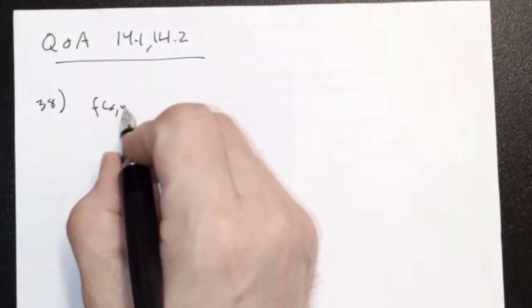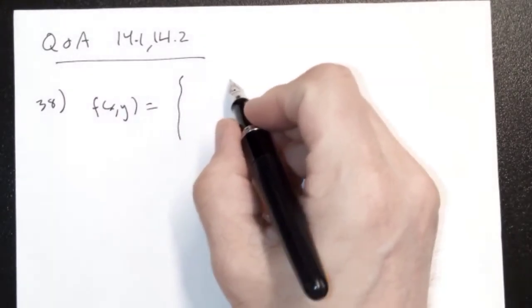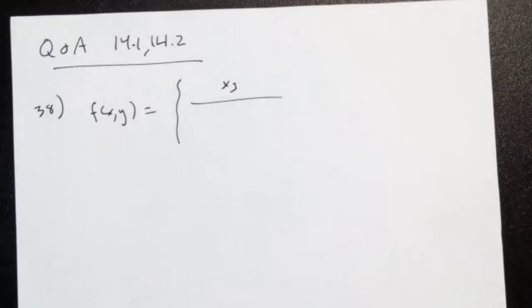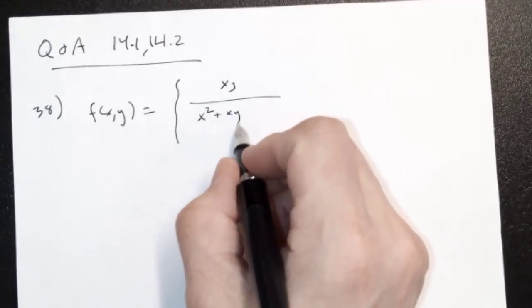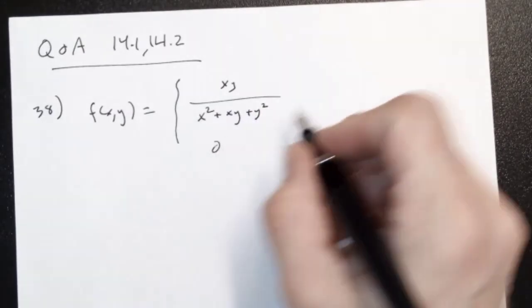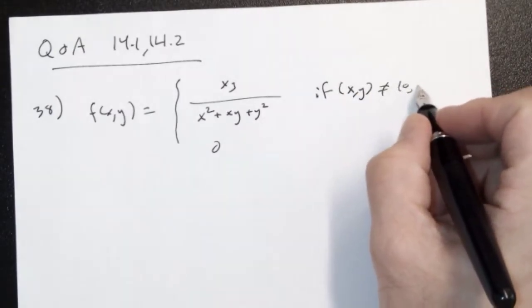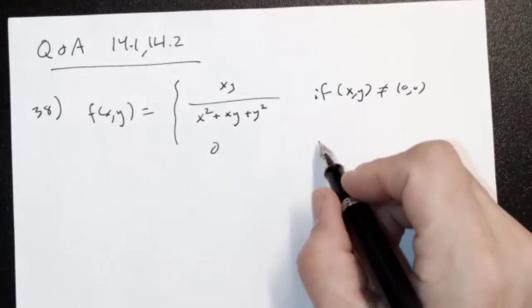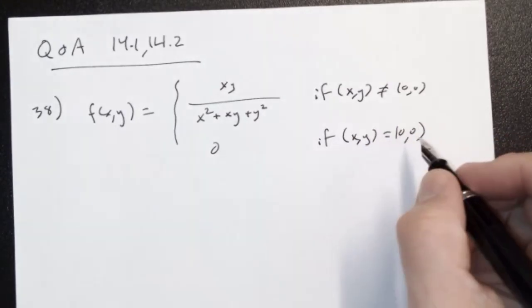F of x, the fraction is xy over x squared plus xy plus y squared, and that's only when we're away from the point 0, 0. And then it's 0 at the point 0, 0.